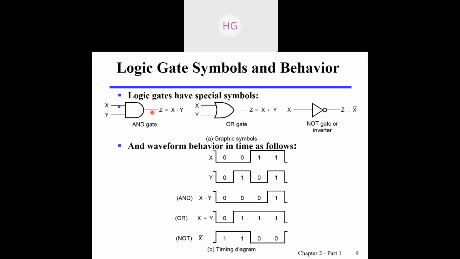Perfect. What about you, Carmen? When I have a 0 and a 0, what is my Z? Also a 0. So the only case where I have a 1 on the Z in an AND gate is when X is 1 and Y is 1. You got the idea?